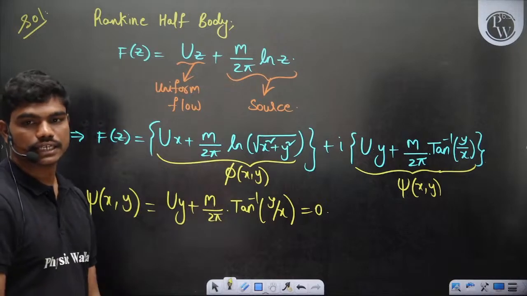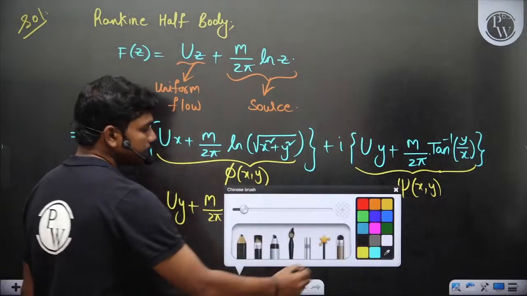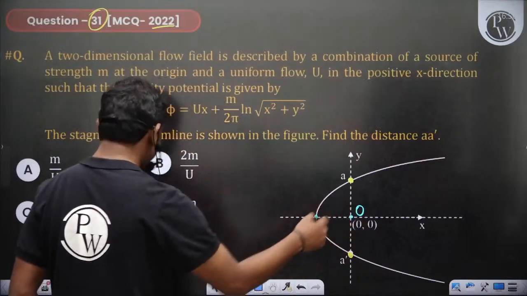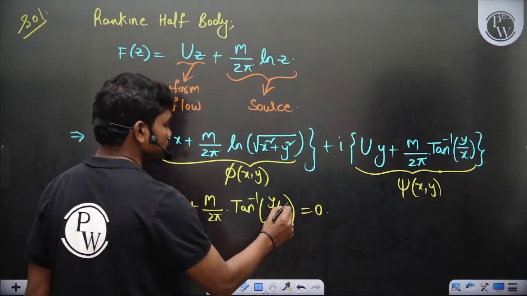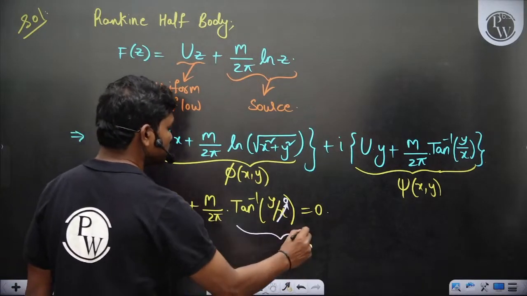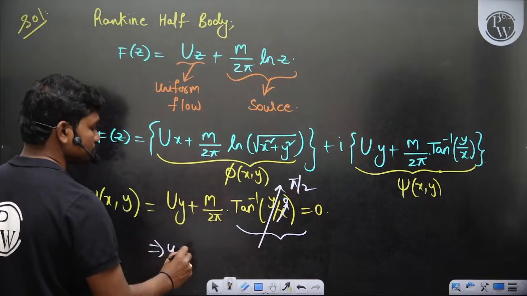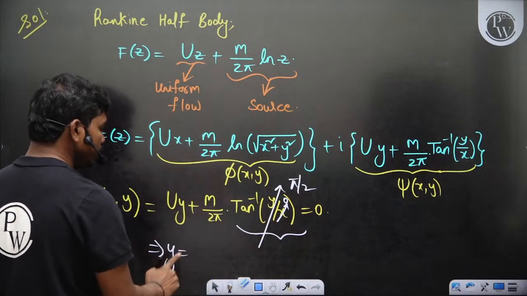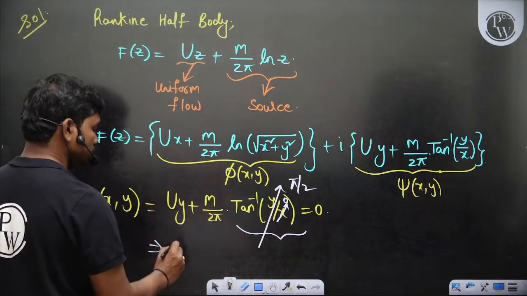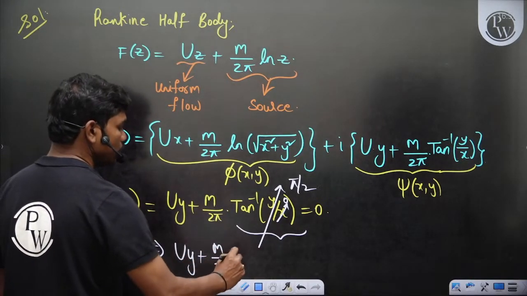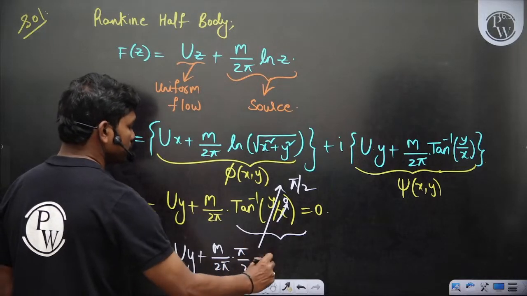So if psi is 0 in the stagnation streamline at x is equal to 0, because you can see this is the origin point, so if you put x is equal to 0, then this value becomes pi by 2 and you get uy plus m by 2 pi into pi by 2 is equal to 0.